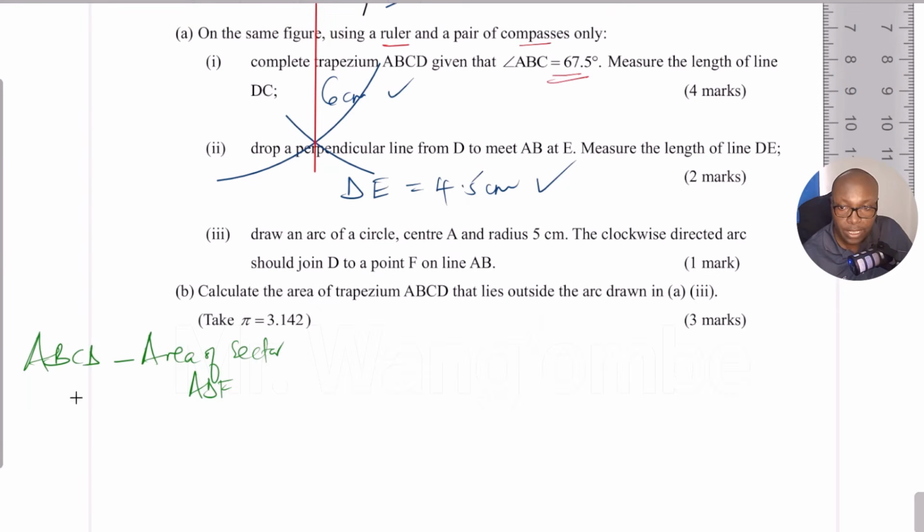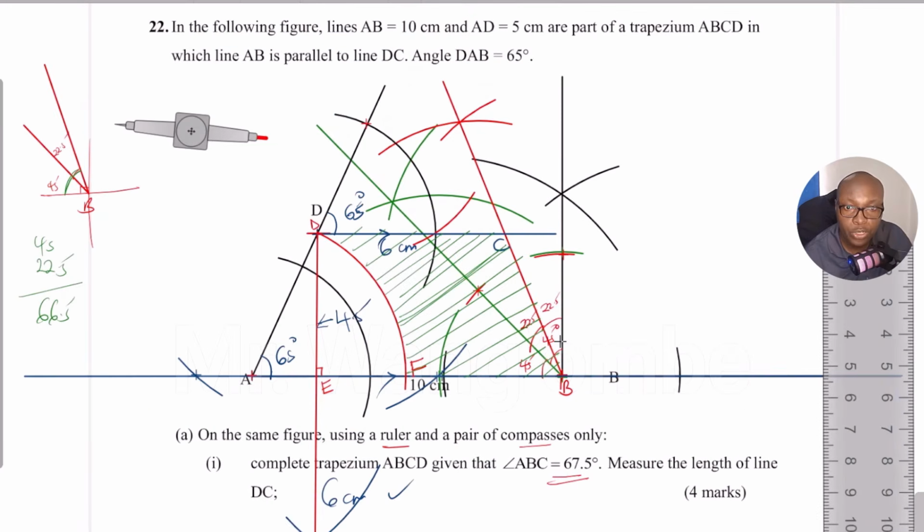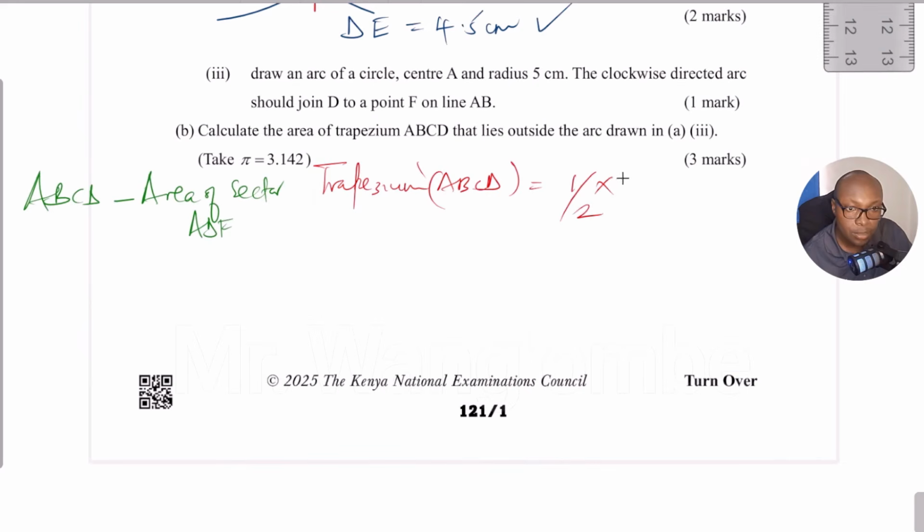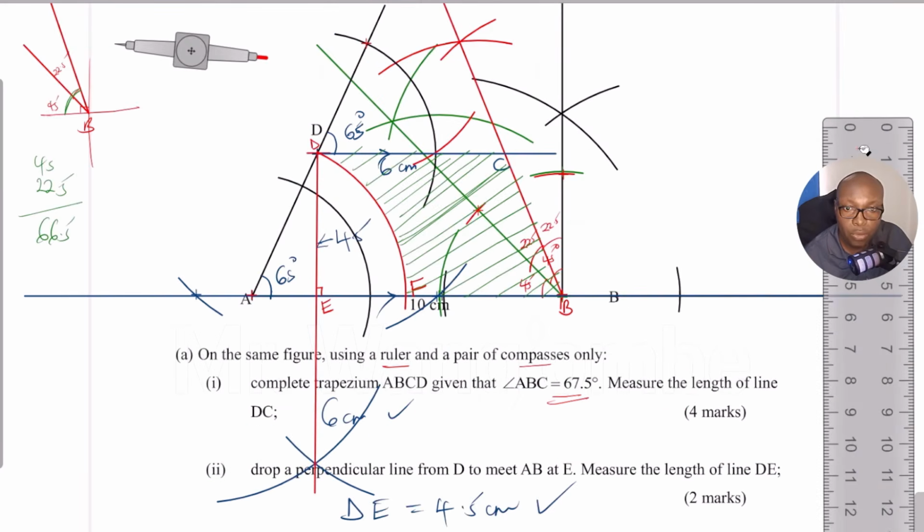So let us get the area of the trapezium ABCD. You know how we get the area of the trapezium? Half times the sum of the two parallel sides. The two parallel sides are DC, which is 6 centimeters, and AB, which is 10. Then times the height.